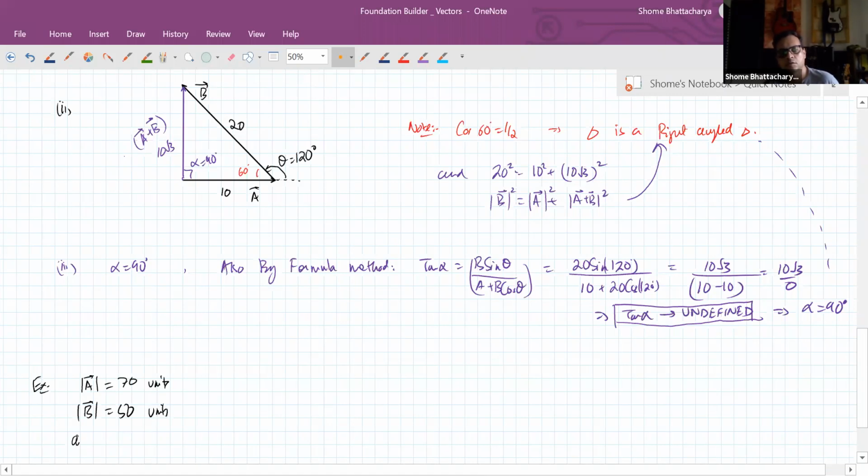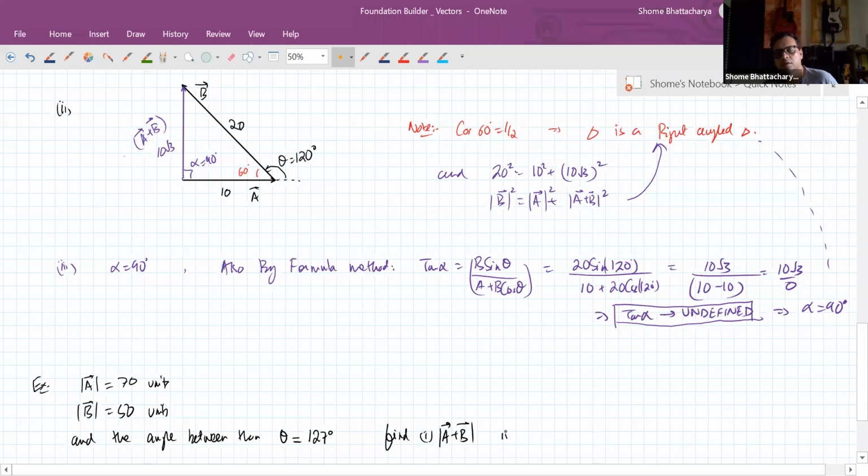And the angle between them, theta, is equal to, let's say, 127 degrees. So find the magnitude of A plus B.